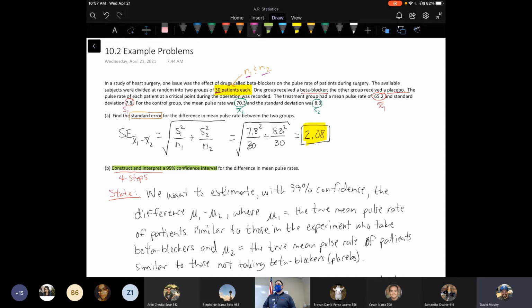The treatment group had a mean pulse rate of 65.2. That becomes x bar 1, and a standard deviation of 7.8. That is s sub 1. For the control group, the mean pulse rate was 70.3, x bar sub 2, the sample mean, and the standard deviation, 8.3, was s sub 2.